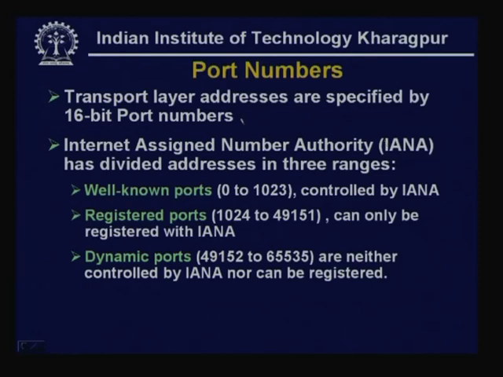As I mentioned, the transport layer addresses are specified by 16-bit port numbers. On the internet, these port numbers are assigned with the help of an agency known as the Internet Assigned Number Authority, IANA, and the addresses are divided into 3 ranges. One is known as well known ports, ranging from 0 to 1023.